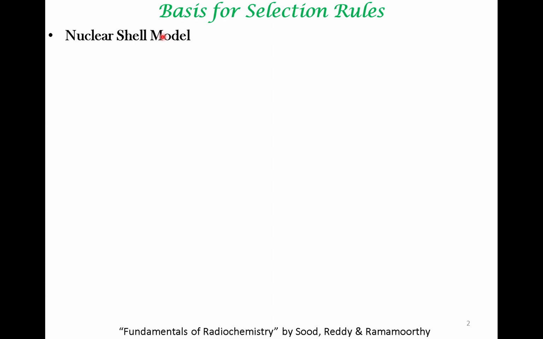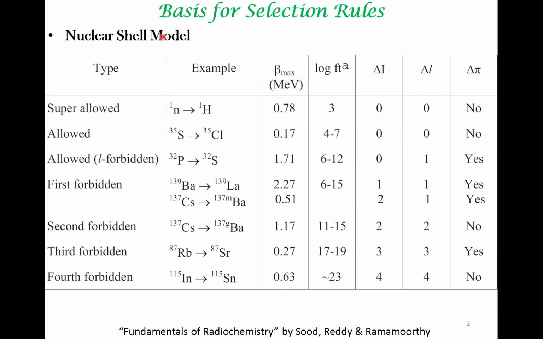So how it is typically dealt with is the following. Supposing there are certain transitions, you look at the changes in nuclear spin, changes in the angular momentum of the nucleon that is undergoing transition, and changes in parity. If there is no change in spin and angular momentum and no change in parity, that is called a super allowed transition.